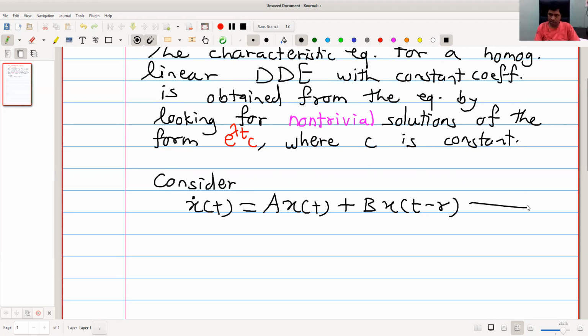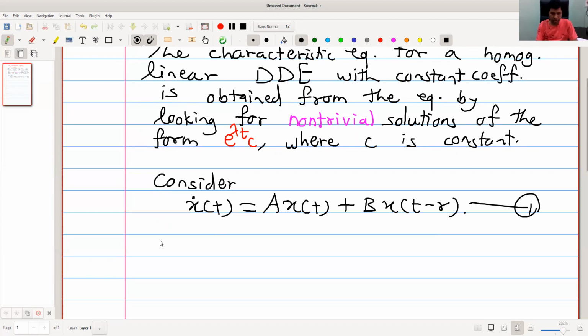We call this 1. As usual, we take r to be a positive number, a and b are constants. So what we do, we substitute x of t equal to e raised to lambda t in this equation.